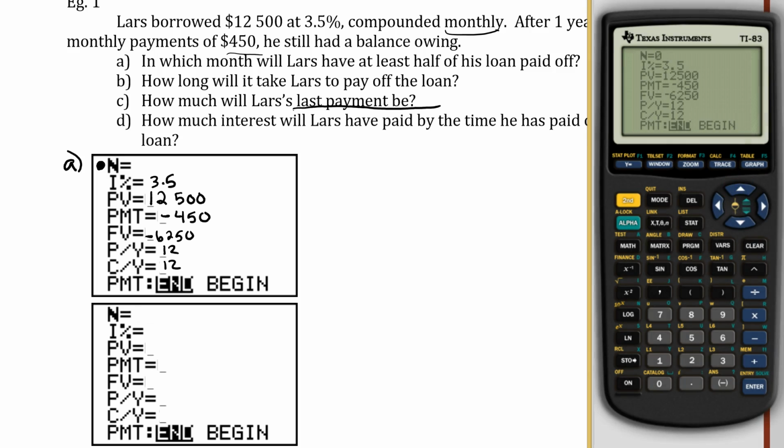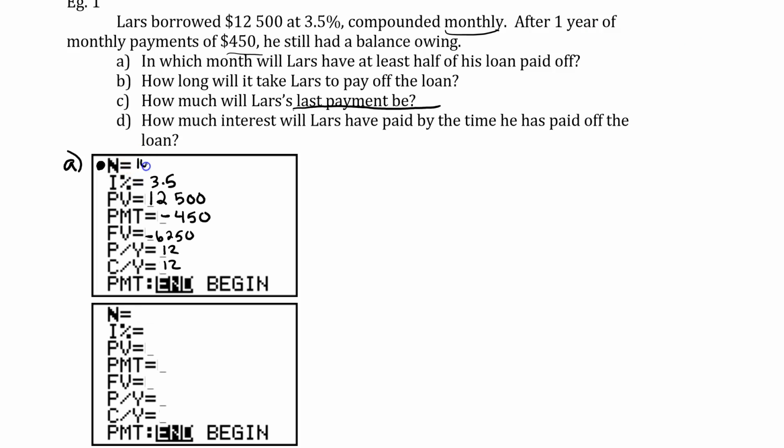So I'm going to go up to my n and we're going to alpha enter it, and we have 14.8112815. I'm just going to do it to 3 decimal places. What the heck? Why don't we just do it to 4 decimal places? 14.811. It was 28, so I'm going to round up to 3.